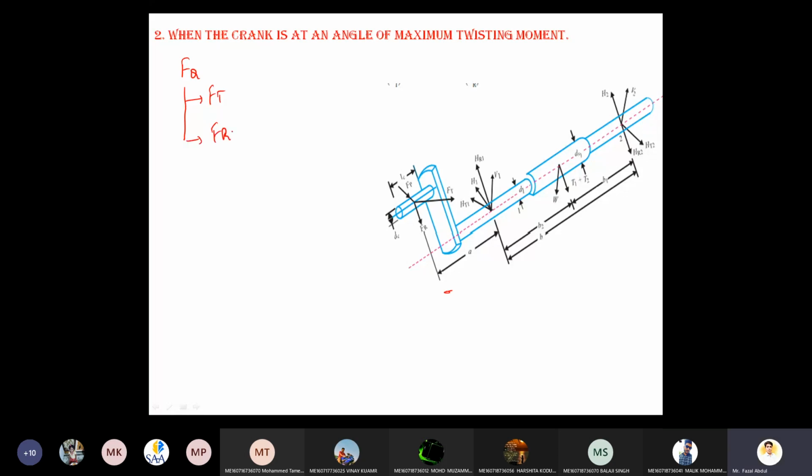Again, this Ft has two components, horizontal force 1 and horizontal force 2. Again, this radial force has two components: radial force 1 and radial force 2. We have to calculate these separately.